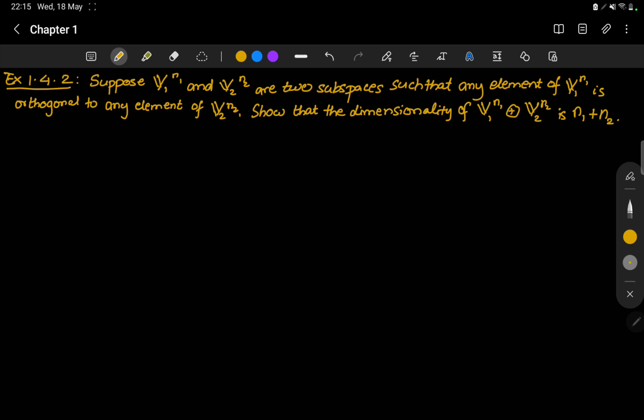So before we prove this question, we need to see certain definitions and certain notations that is being used in this question.